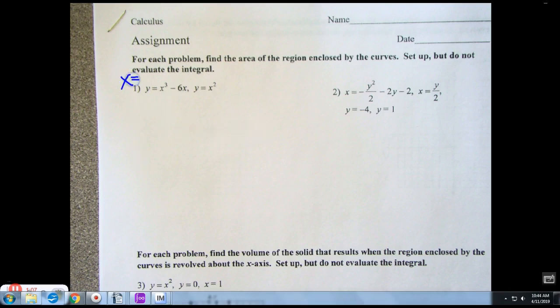X equals -2, x equals 0, and x equals 3. Does everybody agree with that? We're on the same page there?